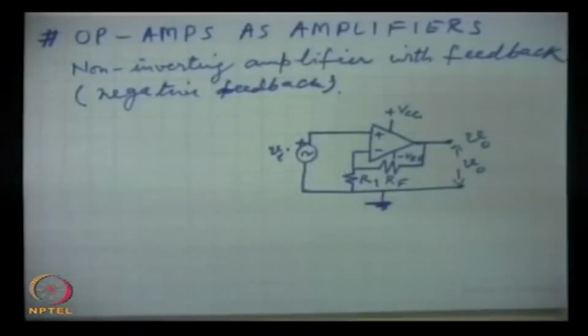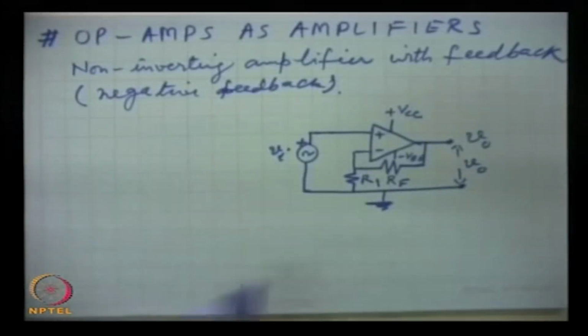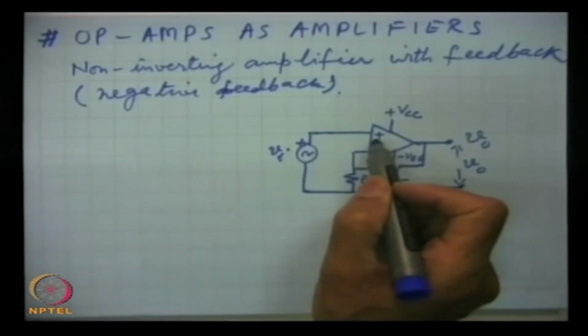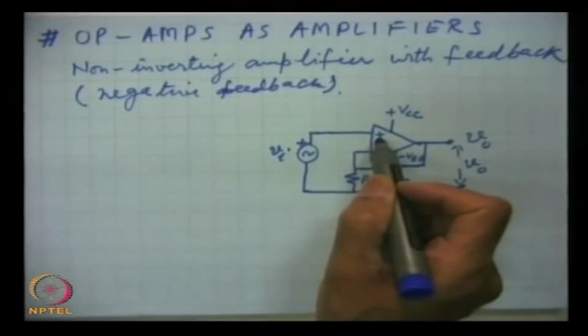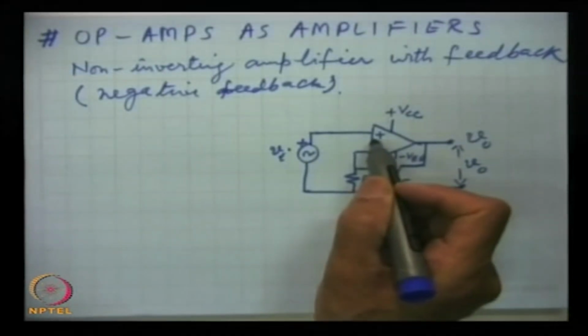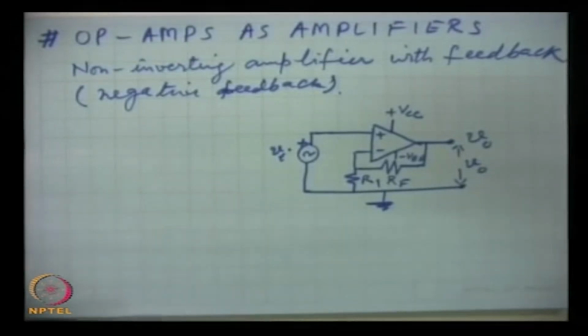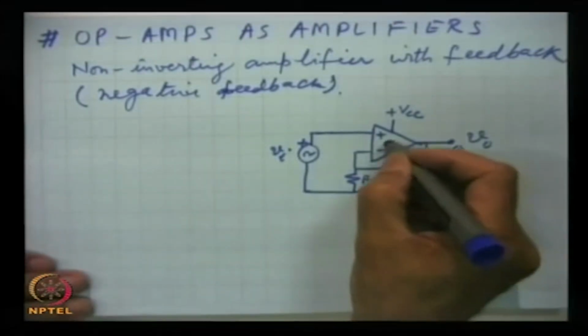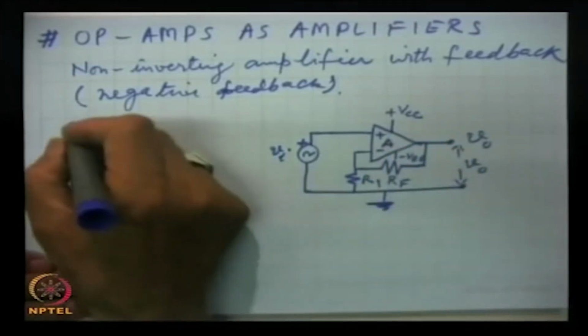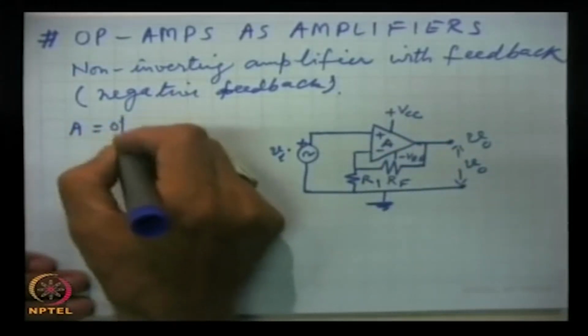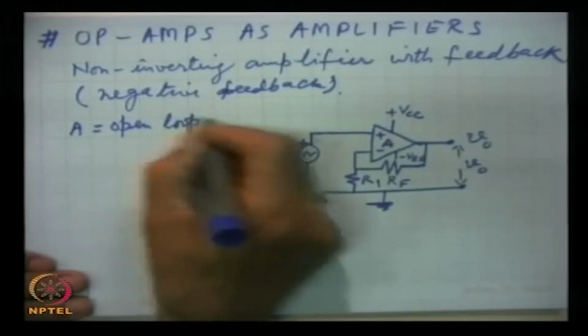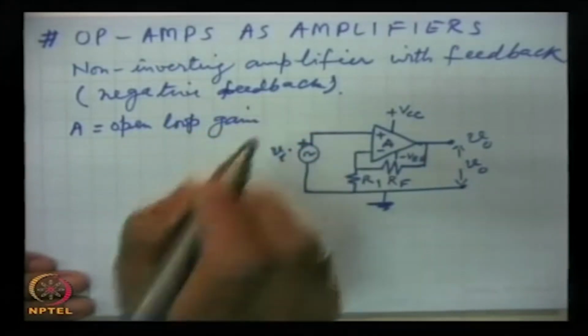Biasing is so important for the operation of any transistor. So, this is the circuit, and this we analyze, and since the input signal has been connected with the non-inverting input, which is indicated by plus sign, this is a non-inverting amplifier with the proper feedback. Now, we analyze it, and remember A, many times written here, A is the open loop gain without feedback.